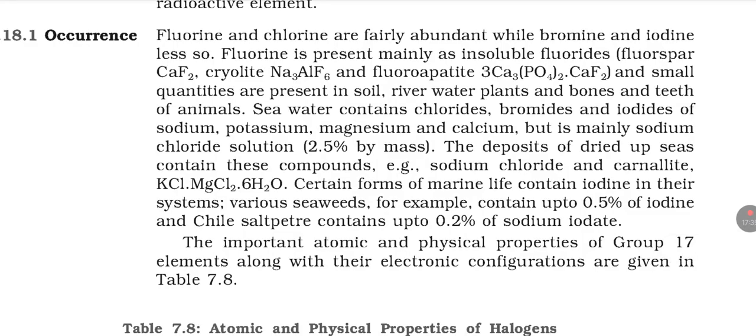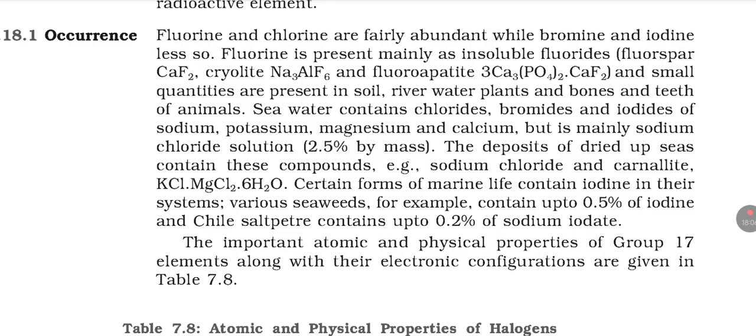Occurrence. Fluorine and chlorine are fairly abundant while bromine and iodine less so. Fluorine is present mainly as insoluble fluorides, and small quantities are present in soil, river water, plants, and bones and teeth of animals. Seawater contains chlorides, bromides, and iodides of sodium, potassium, magnesium, and calcium, but is mainly sodium chloride solution.